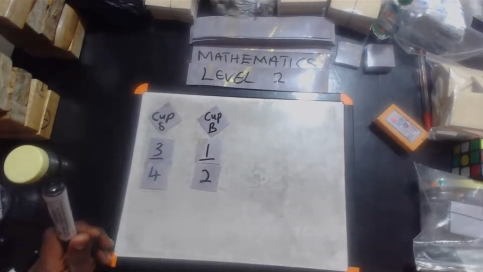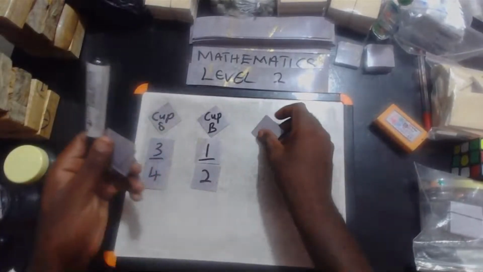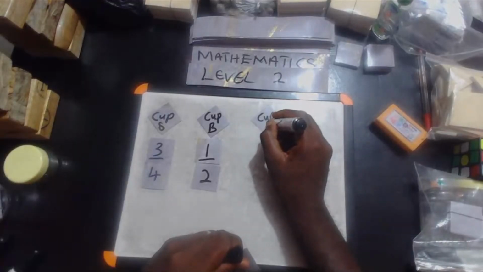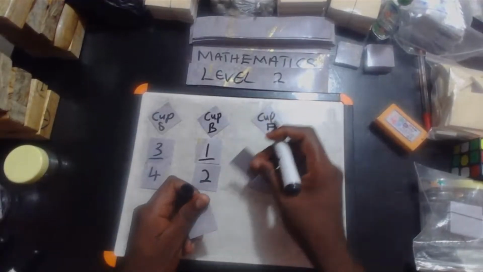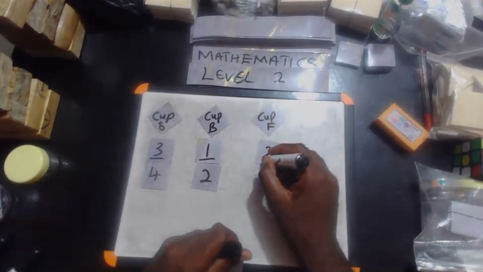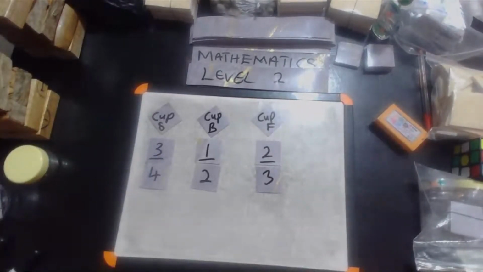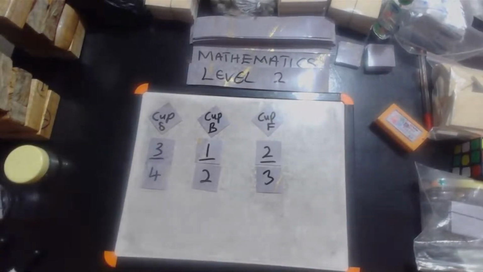And then we have a cup of flour and 2/3 cup of flour. So let's say this is the cup and this is the flour. And it requires 2 out of 3, 2/3 cup of flour.